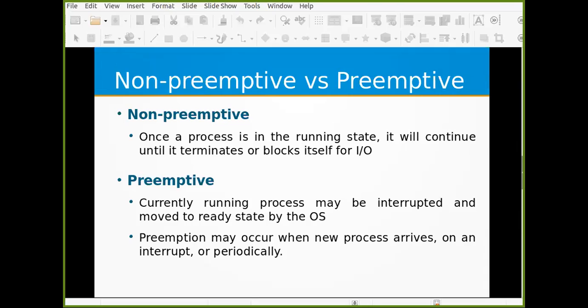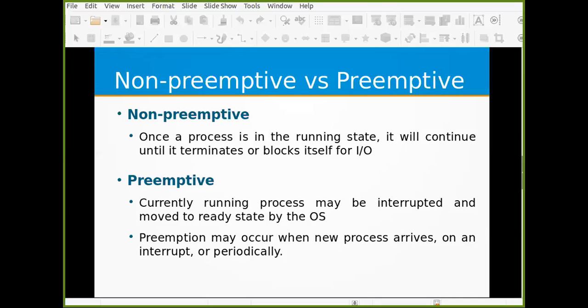And what is preemptive? The currently running process may be interrupted and moved to the ready state by the operating system. Preemption may occur when a new process arrives. Like if a higher priority process arrives, then it is possible, if the OS design gives more chance to higher priority processes, that the running process may be interrupted, removed from the running state, and the new process will be given a chance.